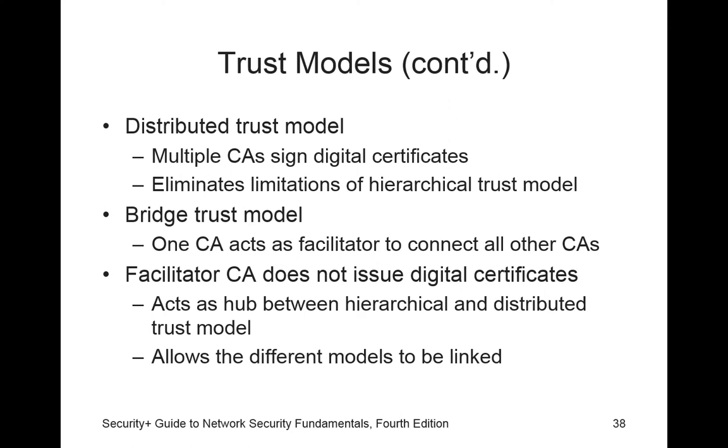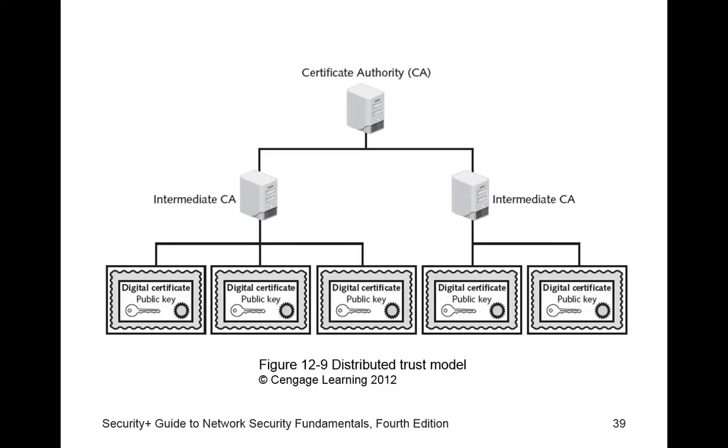Distributed trust model, multiple CAs sign digital certificates, eliminating the limitations of the hierarchical trust model. The bridge trust model, one CA acts as a facilitator for all the other CAs. The facilitator CA does not issue the certificate, the other ones do. Here's the facilitator. The intermediates are the ones that issue.